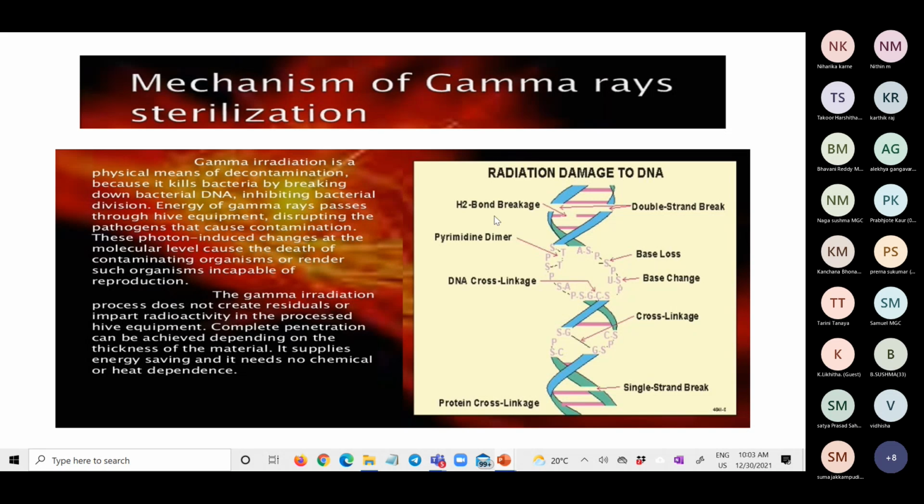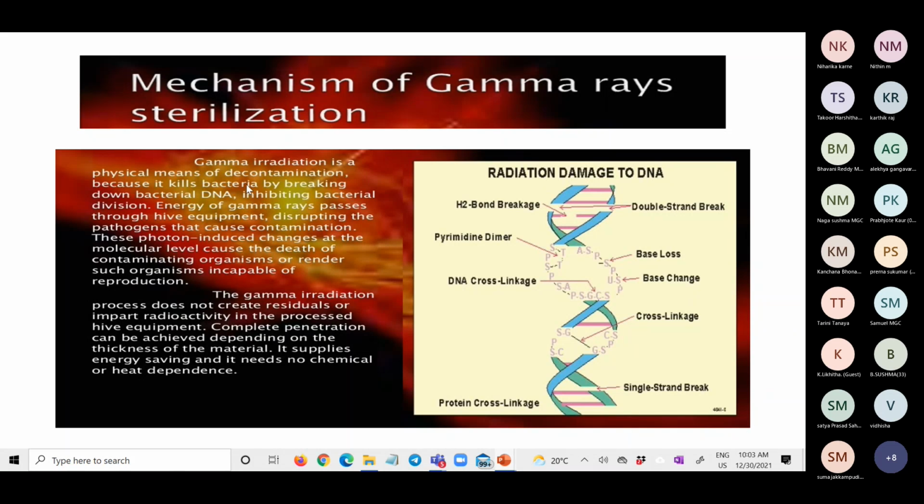One, it can break the hydrogen bond, and by this it will break down the bacterial or microbial DNA. And secondly, it can inhibit bacterial division also. These are the two things by which the cell will not be able to survive, and that is how they are sterilizing, or killing, the cells.